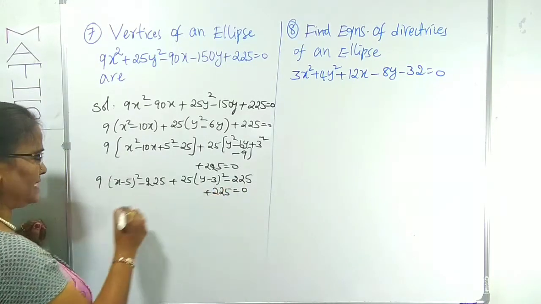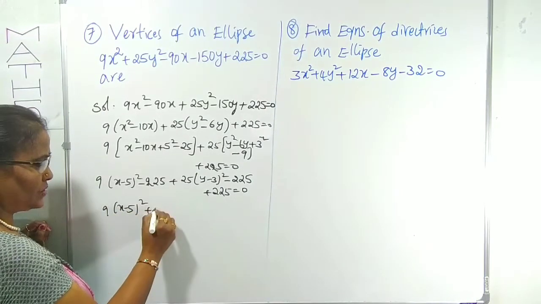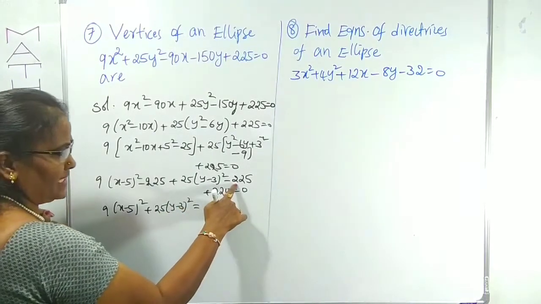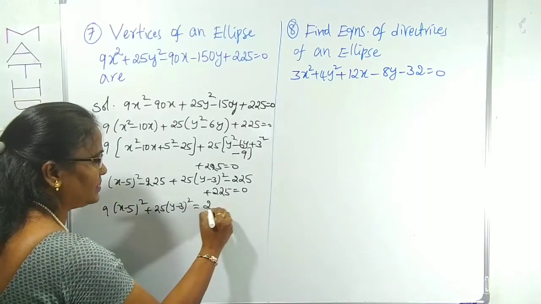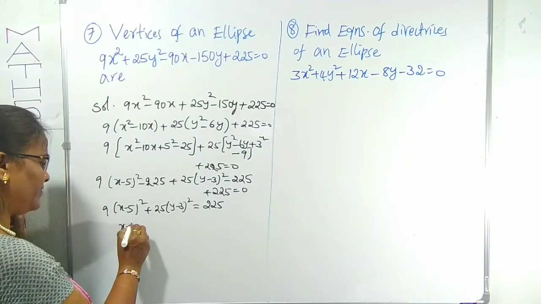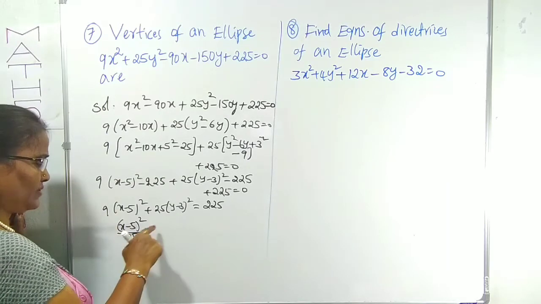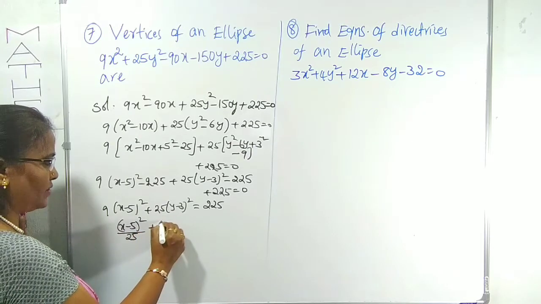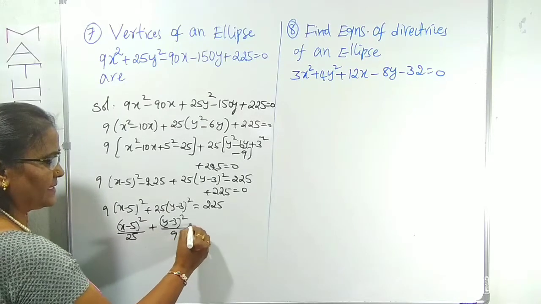The 225 gets cancelled. 9 (x minus 5) whole square plus 25 (y minus 3) whole square is equal to 225. Divide by 225: it becomes (x minus 5) whole square by 25, and same here (y minus 3) whole square by 9 is equal to 1.